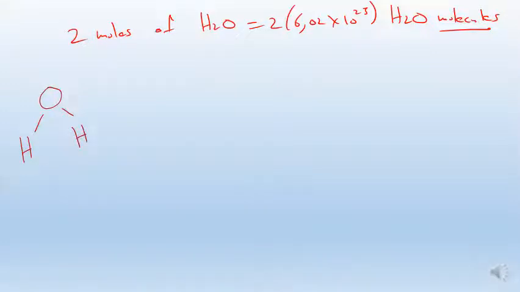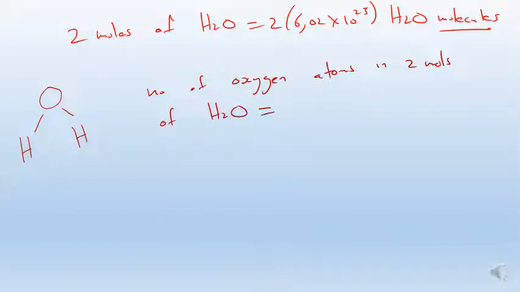So for every water molecule, we have 1 oxygen atom. So the number of oxygen atoms in 2 moles of water, it stands to reason, should equal 2 times Avogadro's number of atoms of oxygen.